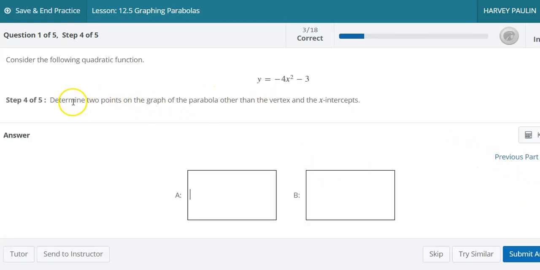And then it's going to determine 2 points on the graph of the parabola other than the vertex. We don't have any x-intercepts so far, so we have to determine 2 other points. So the strategy for this would be to make a t-chart.